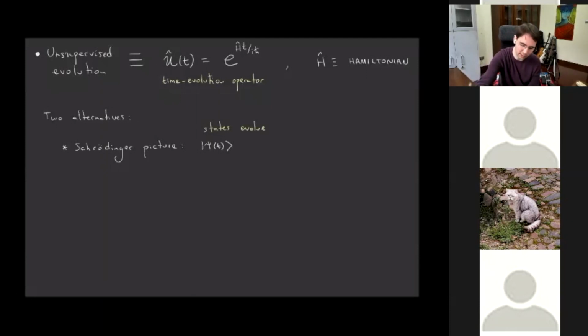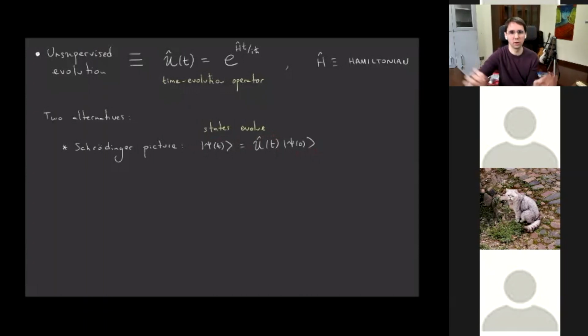So states evolve in time. And how do they evolve in time? They evolve simply by applying the time evolution operator onto the initial state. So if we prepare the state of the system in some initial one, then we apply the time evolution operator and we get the state of the system at a later time.